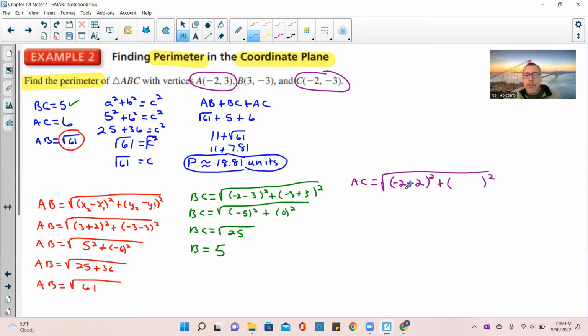Rather than writing minus -2, I'm just going to switch it to +2 here. And y2, -3, minus y1, which is 3.